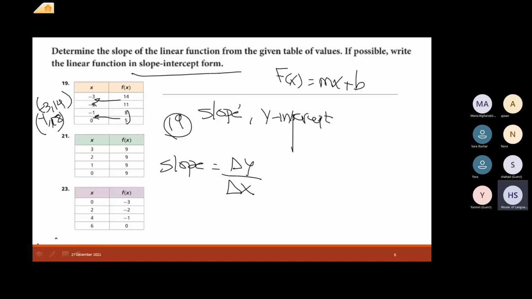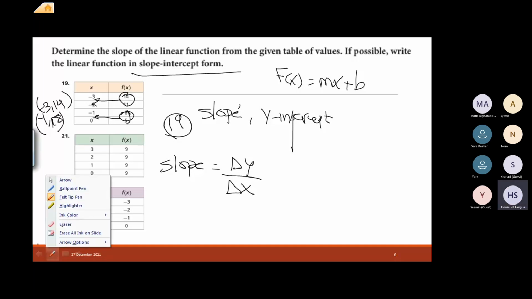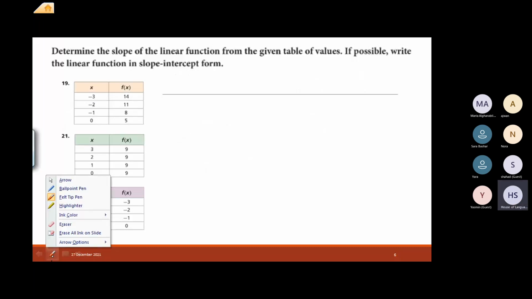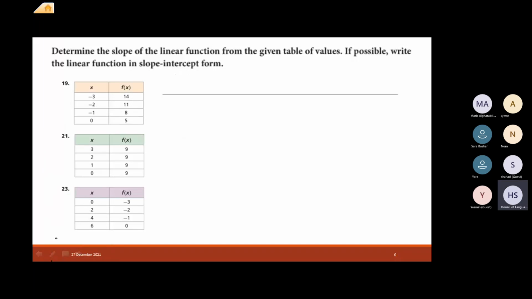Now find the slope. Delta y, where's y? 8 and 14.